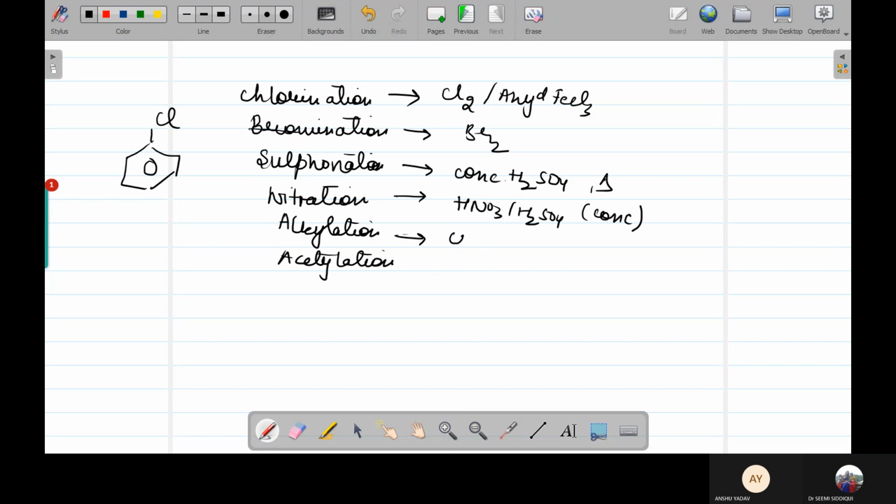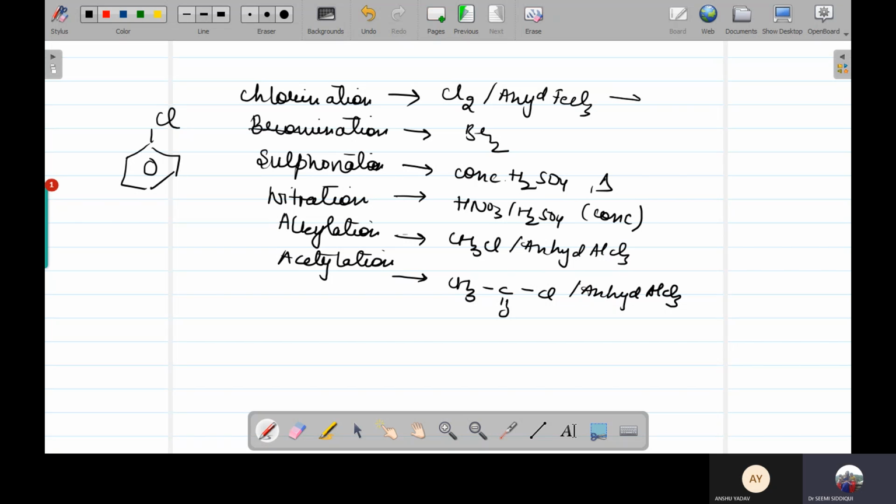Then alkylation is CH3Cl in the presence of anhydrous AlCl3, and acetylation is CH3COCl in the presence of anhydrous AlCl3. So what will be the product?